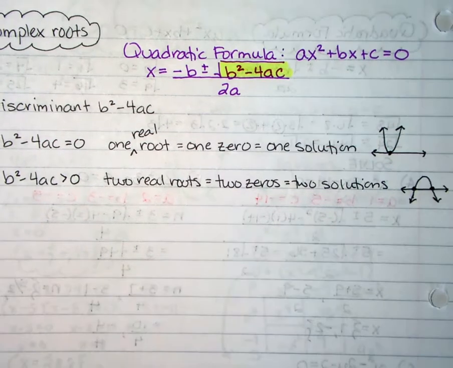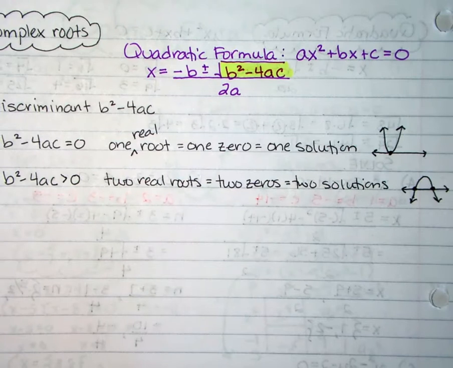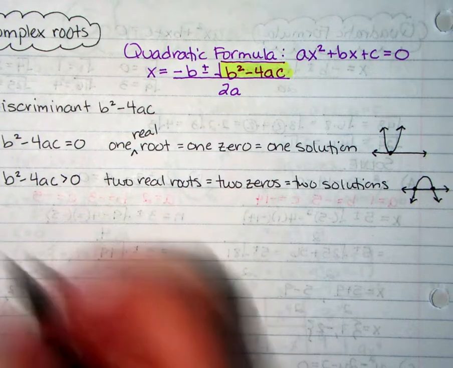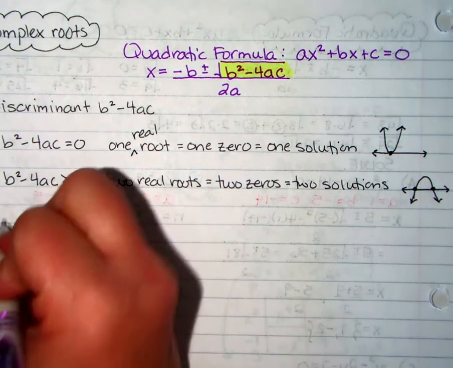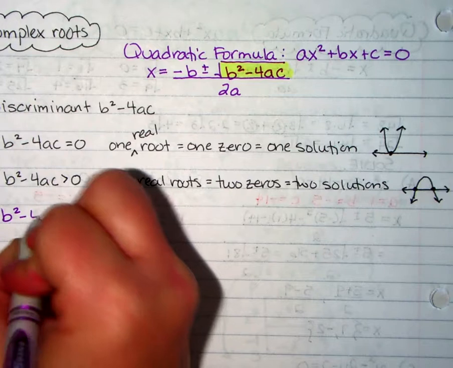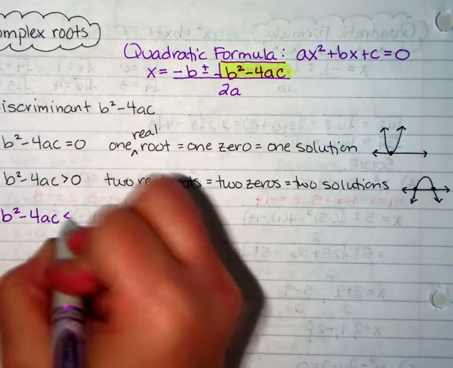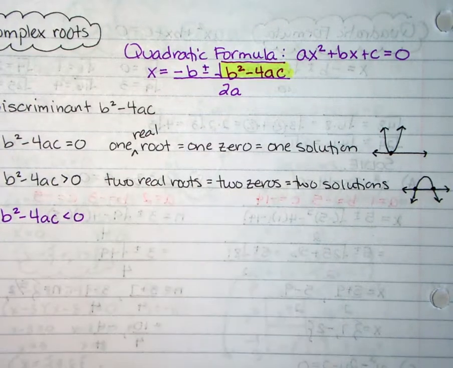Now, the main focus of what we want to talk about today is what happens when the discriminant is less than 0, meaning a negative number. What happens is I have no real roots.